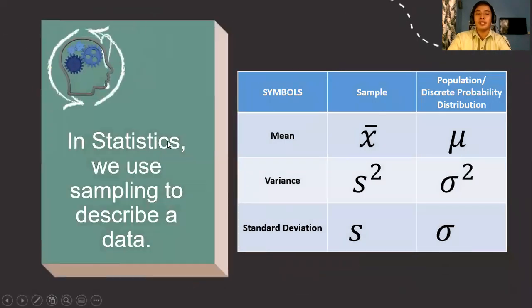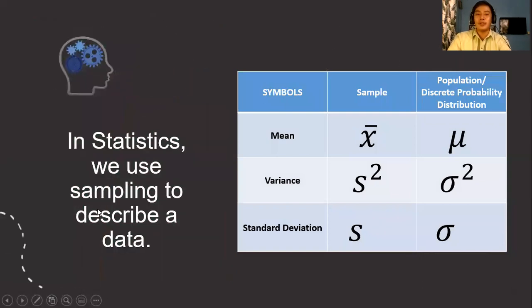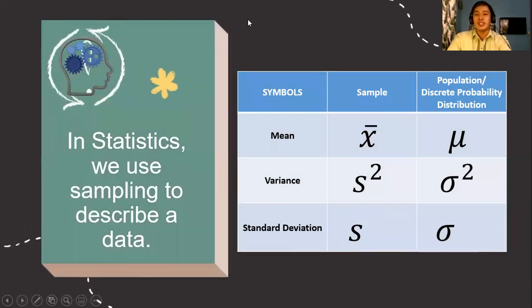Always remember that in statistics, we use sampling to describe data. We do not study the entire population, but we just consider sample data out of the population. To summarize the symbols, for your familiarity for the next lesson, when we pertain to a sample mean, we use the symbol x bar.